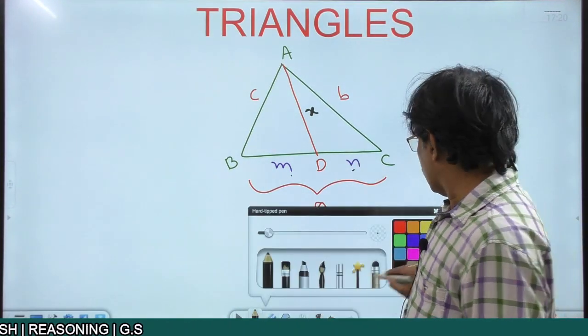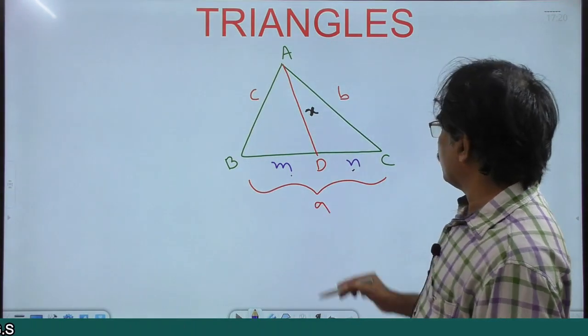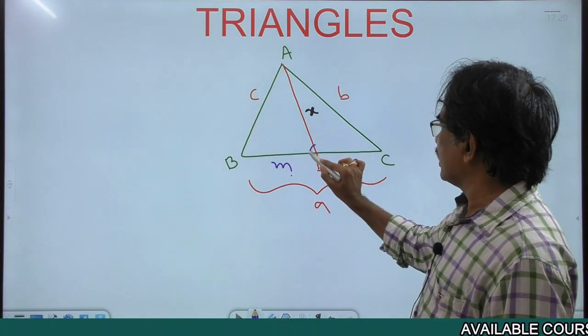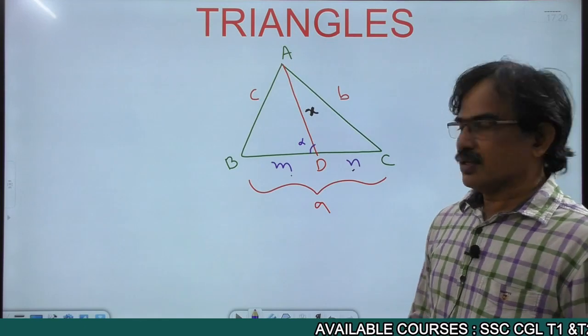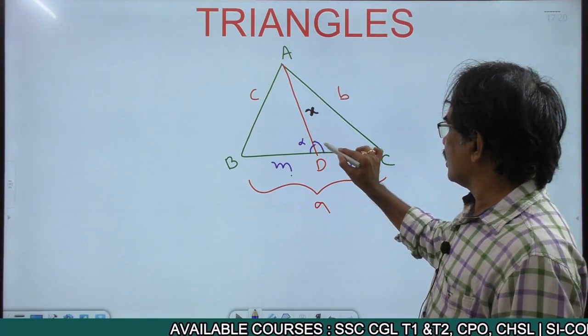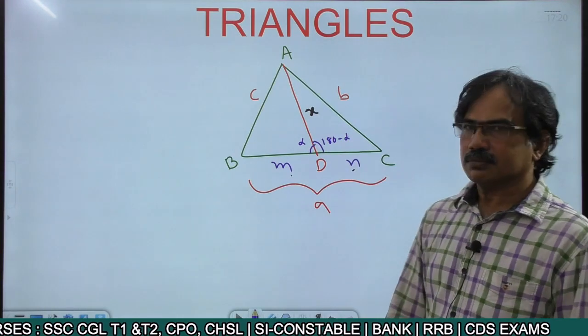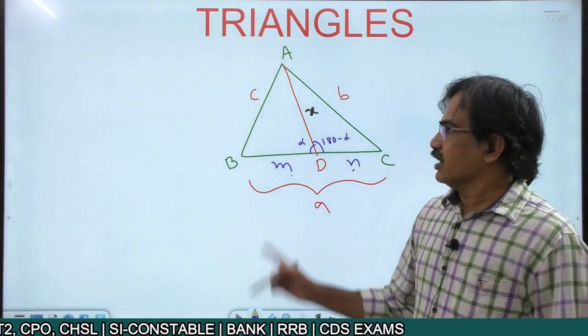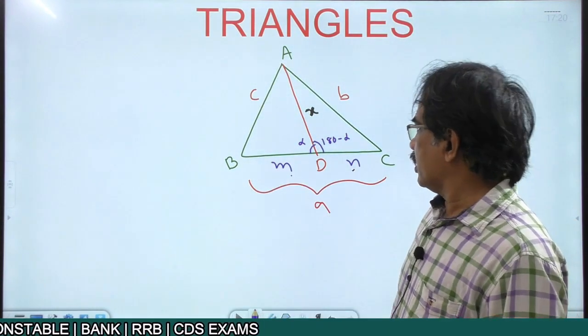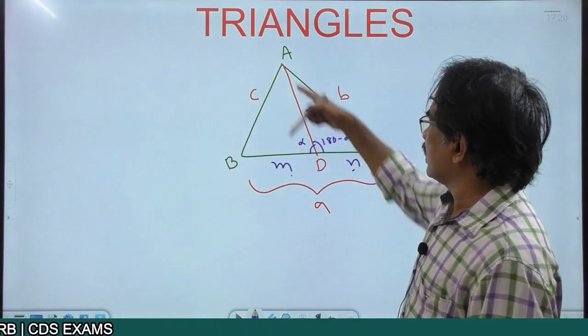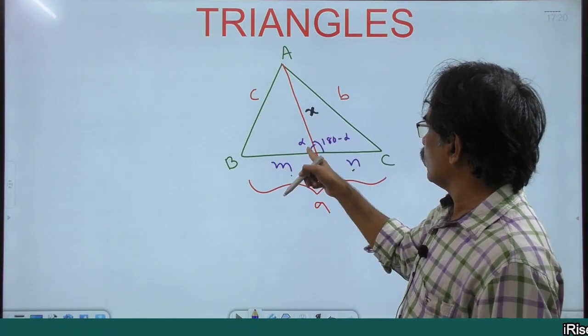Here I want to derive an important point. Consider this angle is alpha, then this angle is nothing but 180 minus alpha. According to the cosine rule, consider this triangle, two sides and the included angle are given.